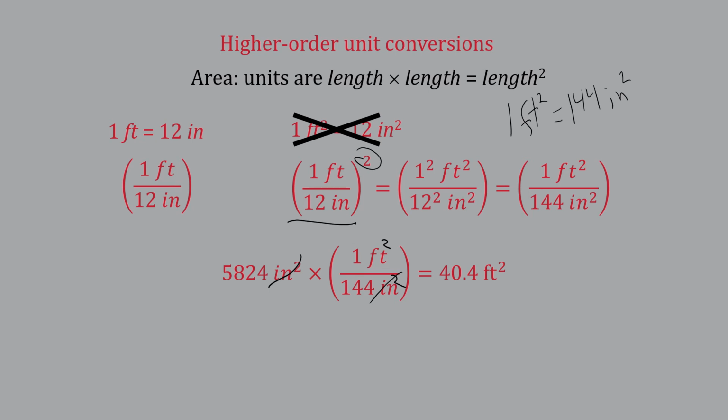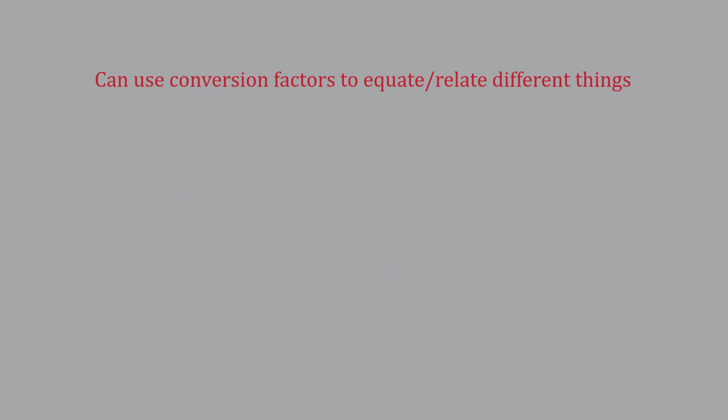But here's where dimensional analysis gets incredibly powerful and useful. You can use conversion factors, that same construction, to actually equate or relate different things that are not necessarily the same quantity. They're not necessarily 2 lengths or 2 areas or 2 temperatures.